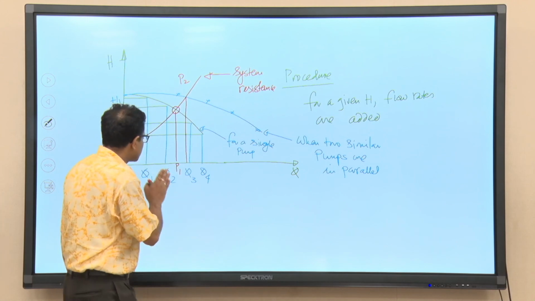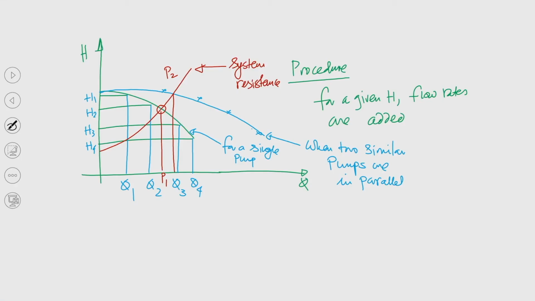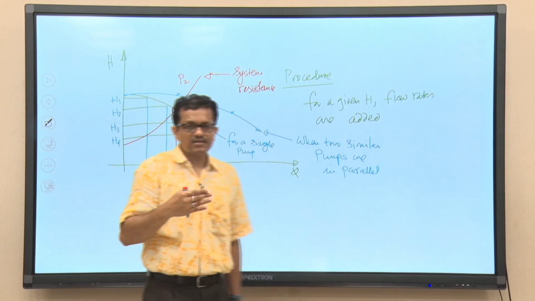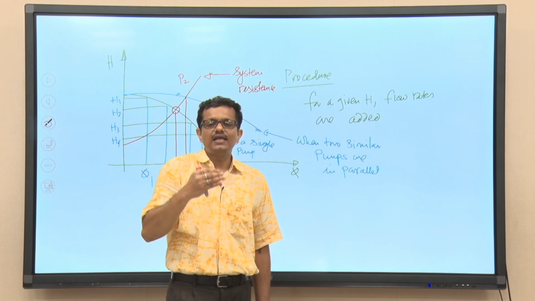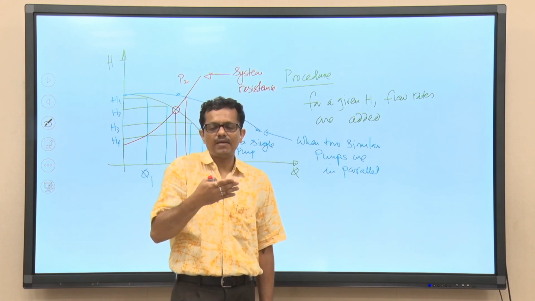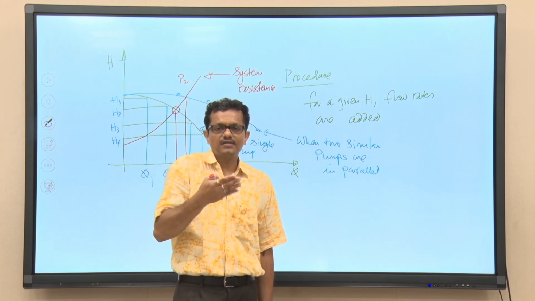So the objective was, initially head and discharge were like this, but now we are getting a relatively higher flow rate and slightly higher head, but in real practice if we really get slightly higher head, we need to identify the reason behind it.